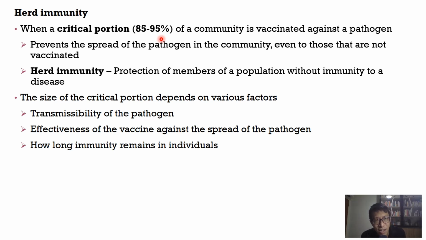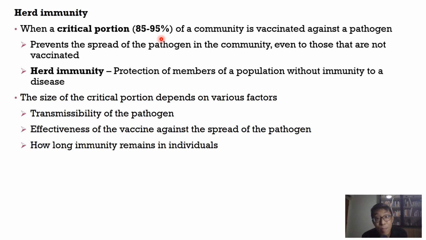So you would have seen in the news that fully vaccinated people do get infected and they do spread the virus, although they don't really develop very serious effects of the disease, right? So if that is the case, if the vaccine is not as effective in preventing the spread, then we need a higher critical portion to be vaccinated and immune.